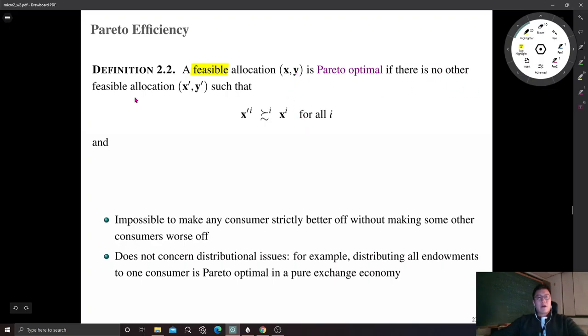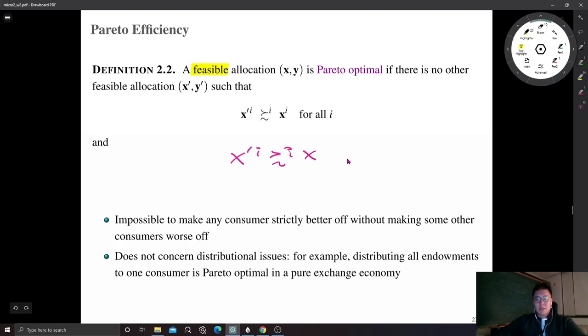if there is no other feasible allocation x prime and y prime such that all consumers prefer x prime to x, and some consumer i strictly prefers x prime i to x i.